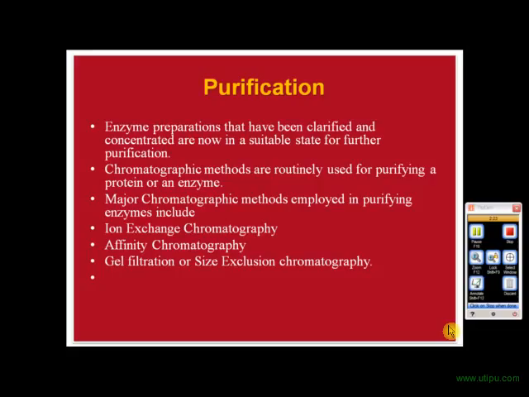Ammonium sulfate precipitation is done in different stages, like by using 20%, 40%, 60%, and 80% ammonium sulfate.